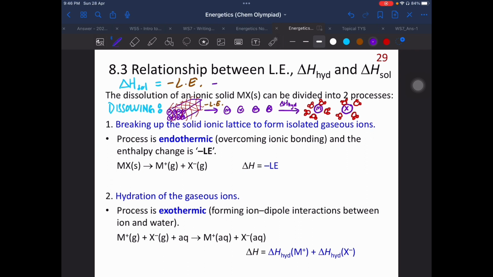Then add the enthalpy change of hydration, depending on how much it is, whether it's exothermic or endothermic. Then the summation, just like Hess's law, will be equivalent to the whole idea of dissolving something. So I think this is the key concept that we are trying to emphasize in this slide, and this drawing shows what it actually means. Okay, so I hope this is a bit clear.